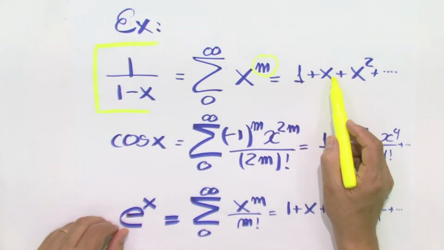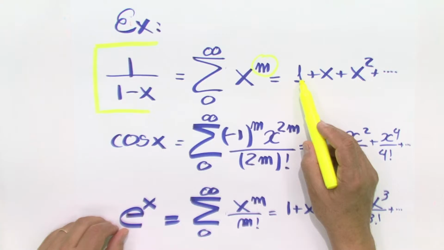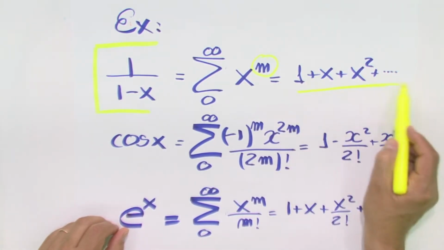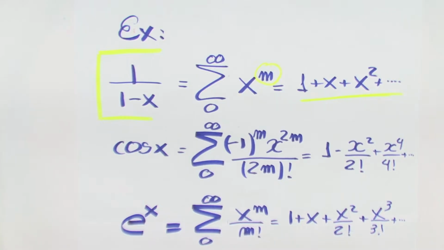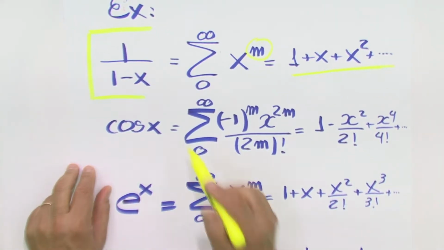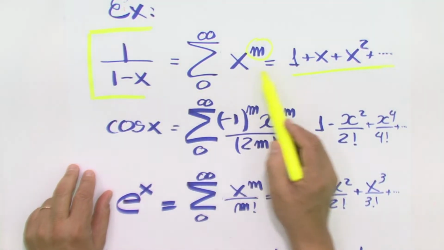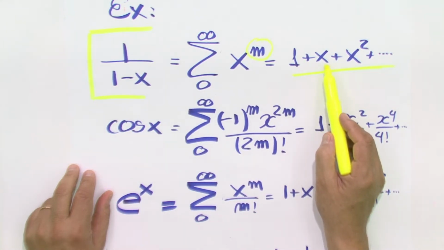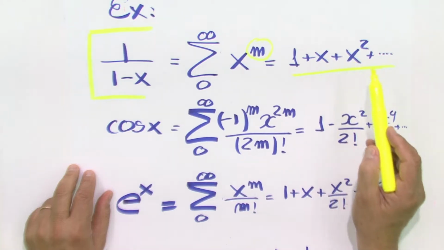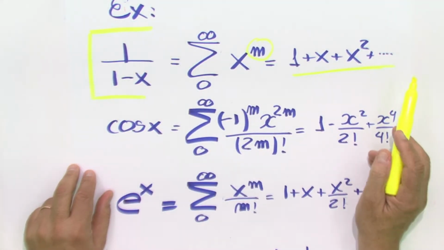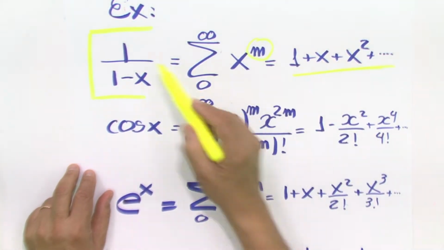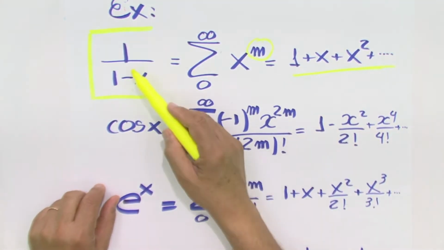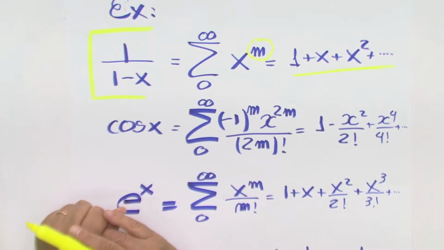So each term is the previous term times x. That's how you build up the series, and this is called the geometric series. And it has a specific form. So when you add 1 plus x plus x squared and so on, this is called the geometric series, and the whole sum is 1 divided by 1 minus x, provided some conditions on x.